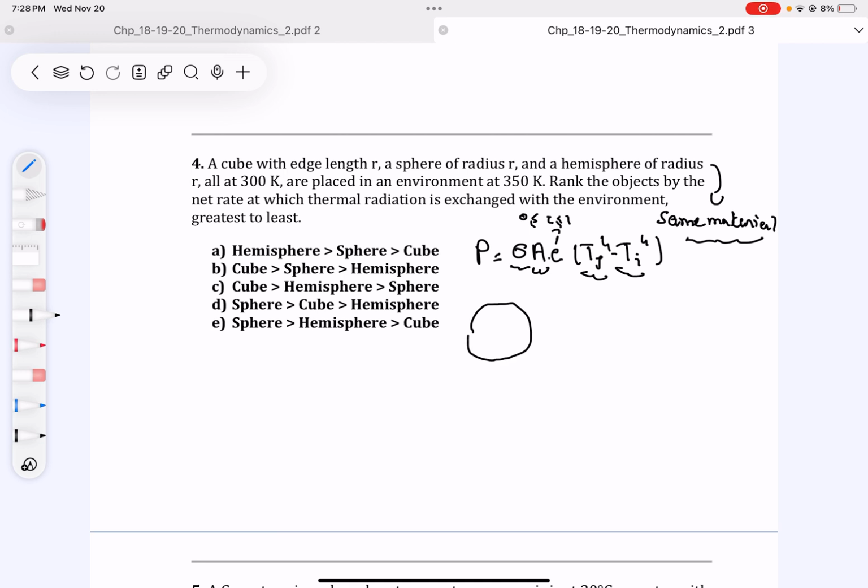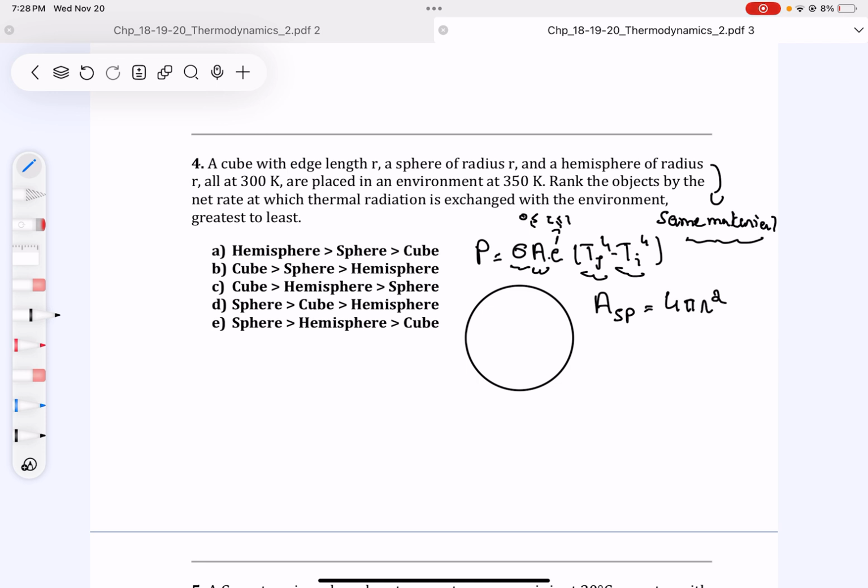Let's draw a sphere, but in 2D. That's an oval, okay, like this. The area of a sphere is what? It's 4 pi r squared.